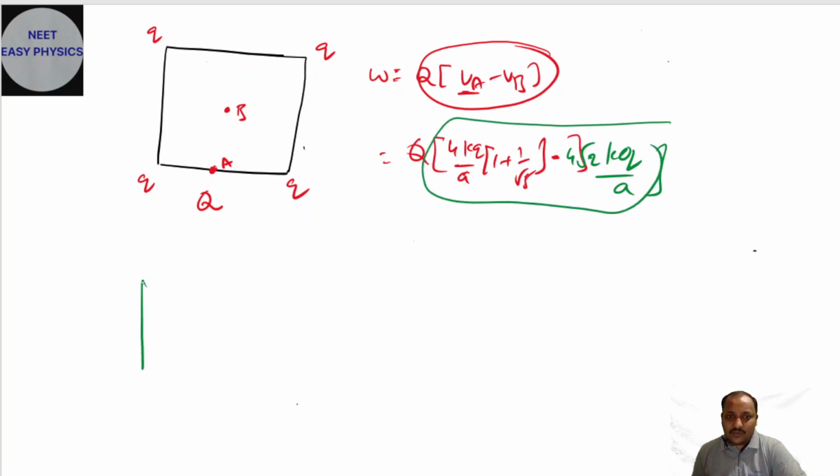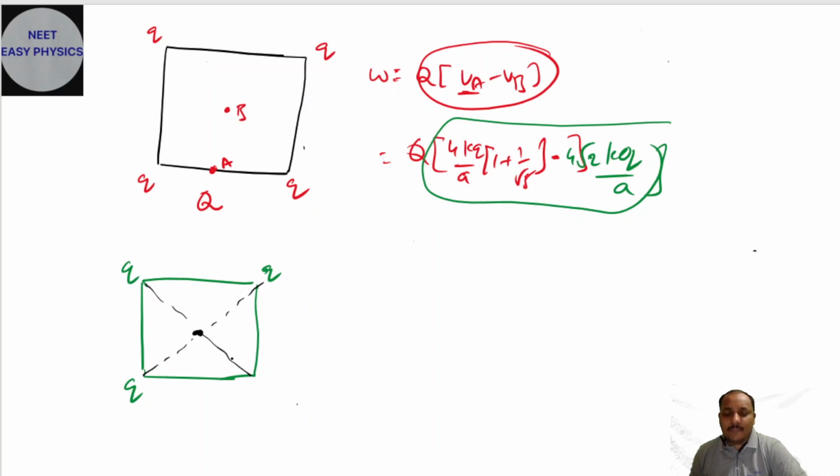Now another model on this. They will give sometimes 4 charges. Out of 4, they place 3 charges at 3 corners. What is the potential at the center of the square?